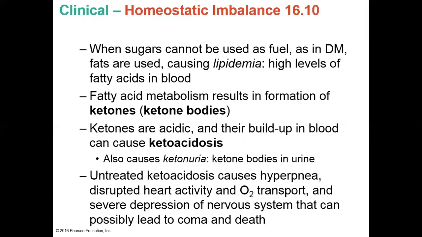Acid could build up and cause problems whenever you have a change in your blood acidity, especially if it becomes more acidic. It can lead to things like cardiac arrest. Again, you may have heard this already. So disrupted heart activity, that's where some of the concerns come with the keto diet. And I think you don't live under a rock, so you've probably heard of people that are on keto diets.